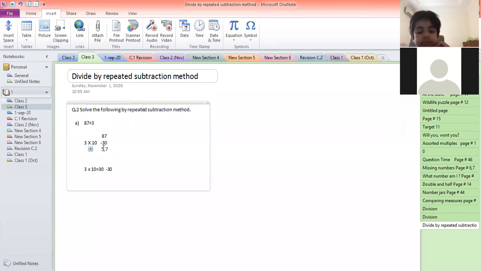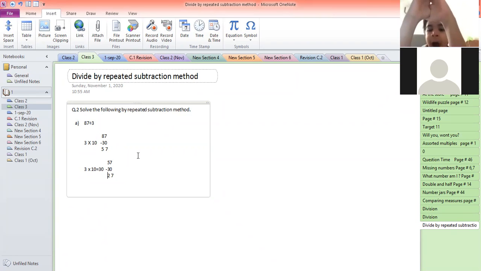When you minus 30 from 57, 7 minus 0 equals 7, and 5 minus 3 equals 2. So 57 minus 30 equals 27.